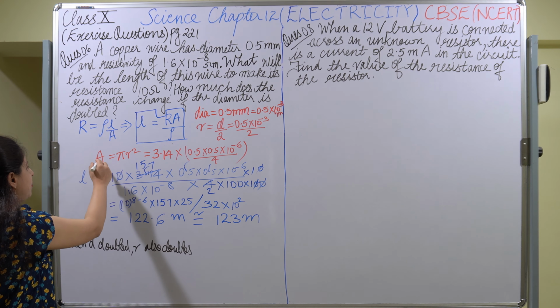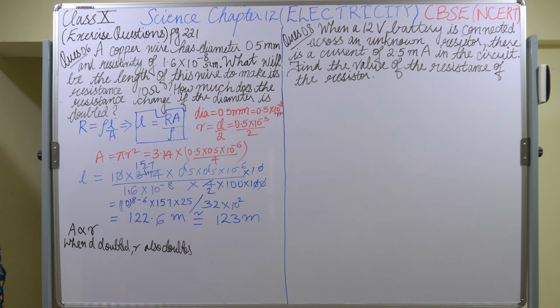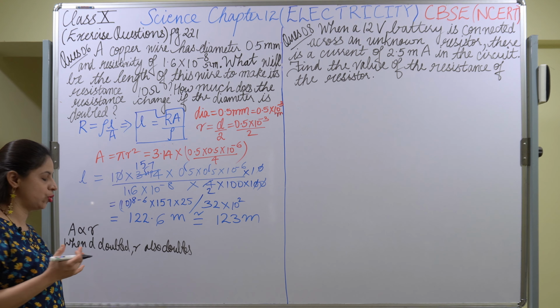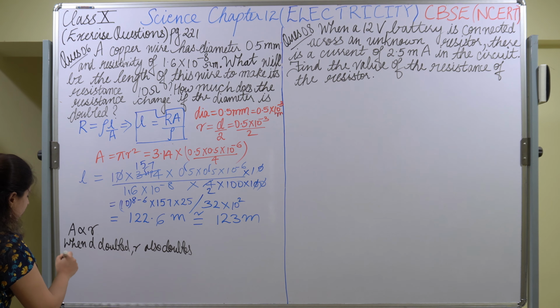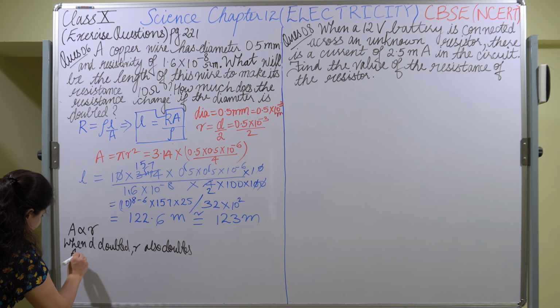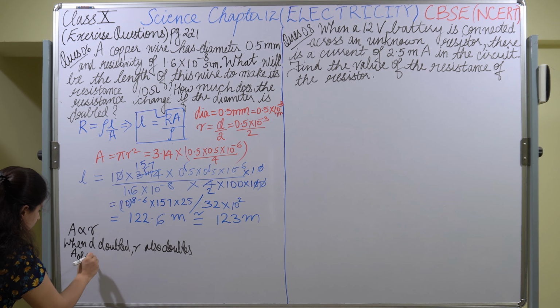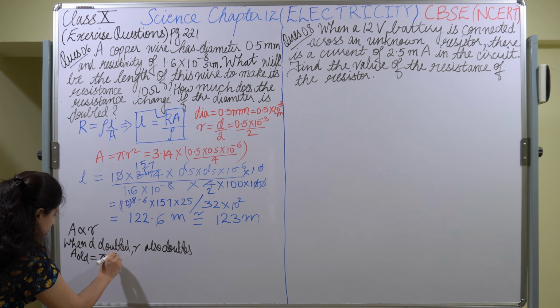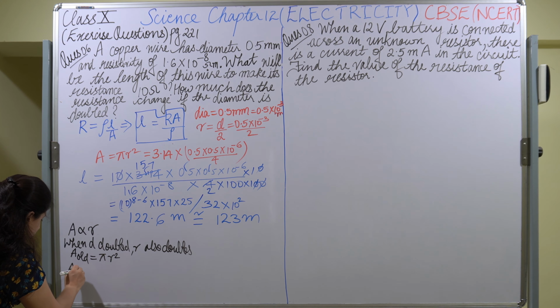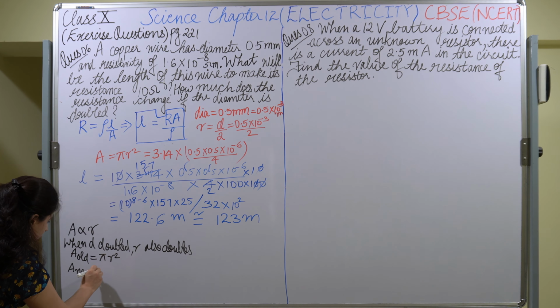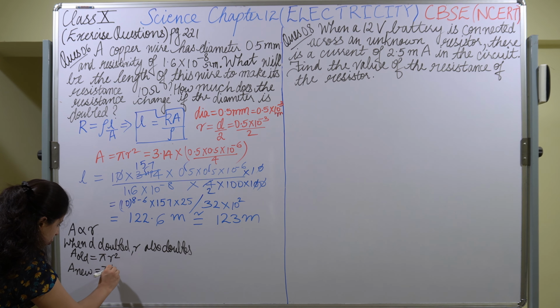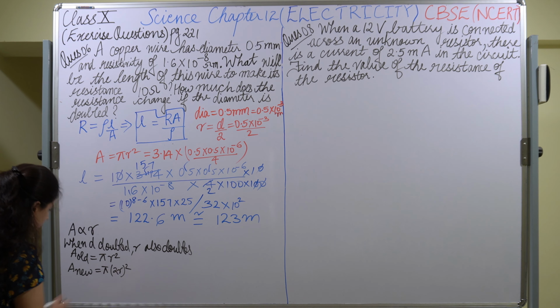Let the previous area be A1 and the new area be A2, or we can write A old and A new. A old is equal to pi r square, but A new will be equal to pi into 2r whole square.